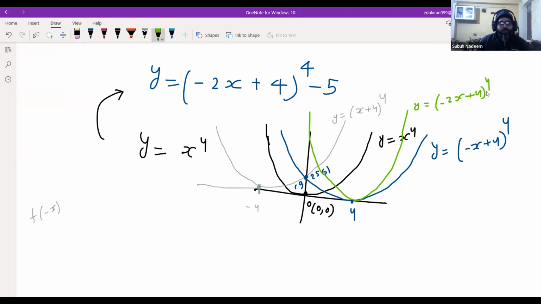Next, minus 5. It will be compressed by 2 units horizontally. That is fine. But at 0, it will still be intersecting at 256.